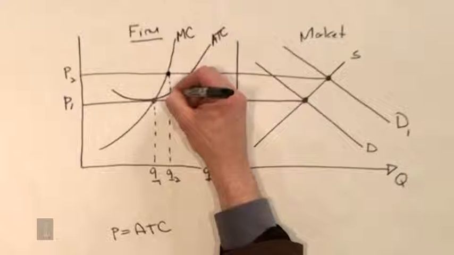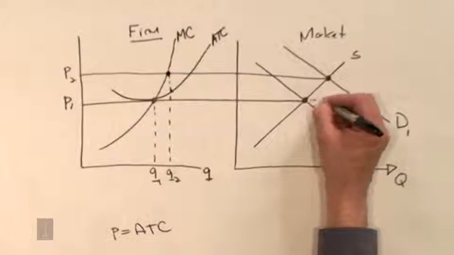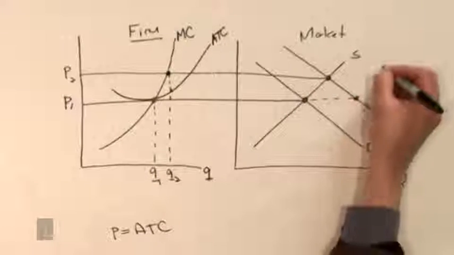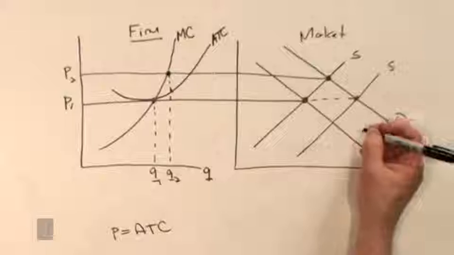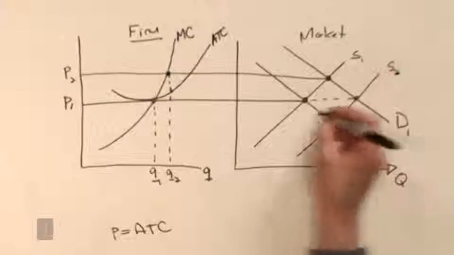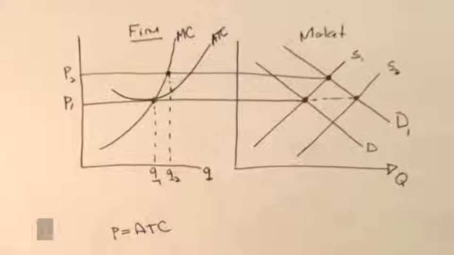As that continues through time, other companies are going to try to reap those profits. So the supply curve would shift to the right as companies try to get some of those profits from the companies that were there originally. That process will continue until the price is again driven down to the lowest point of the average total cost curve. And at that point, we're back to the original equilibrium point.